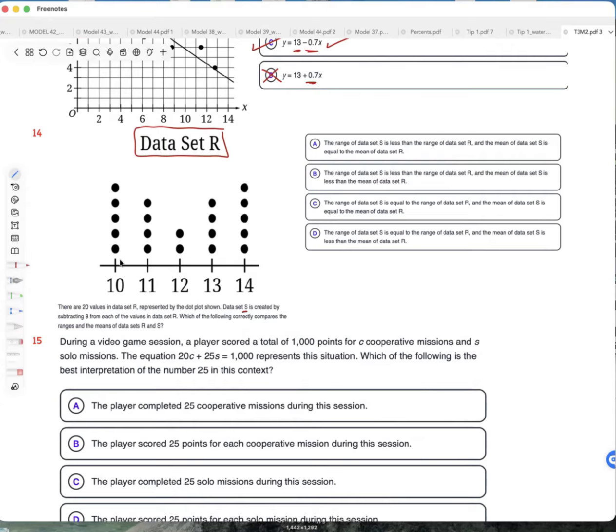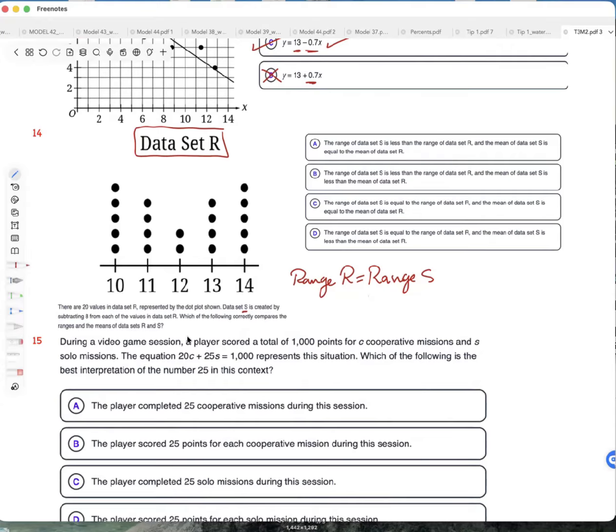If you subtract 8 from each value, you know that the range is the maximum minus the minimum. So the range of data set R will also equal the range of data set S, because you subtract 8 from each value. So the range of R equals the range of S. But if you subtract 8 from data set R to create data set S, the mean of S will be less than the mean of R, because R has higher values but the same number of dots.